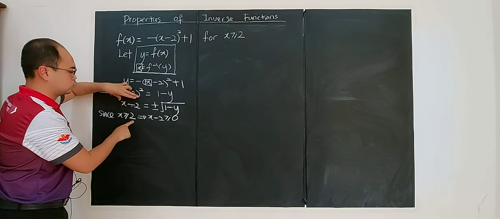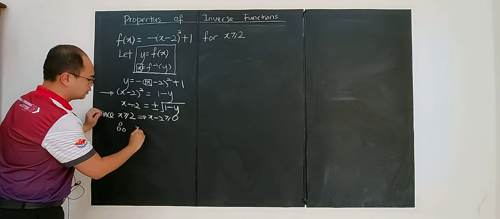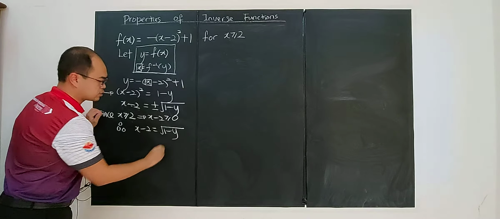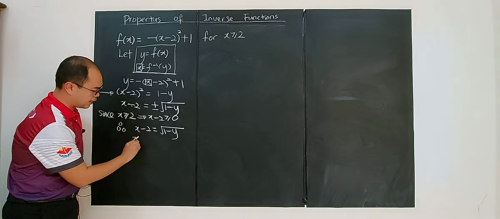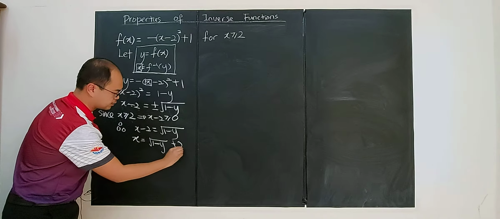Since x is greater than 2, of course it will be positive. So therefore you choose the positive, square root of 1 minus y, right? Square root of 1 minus y.